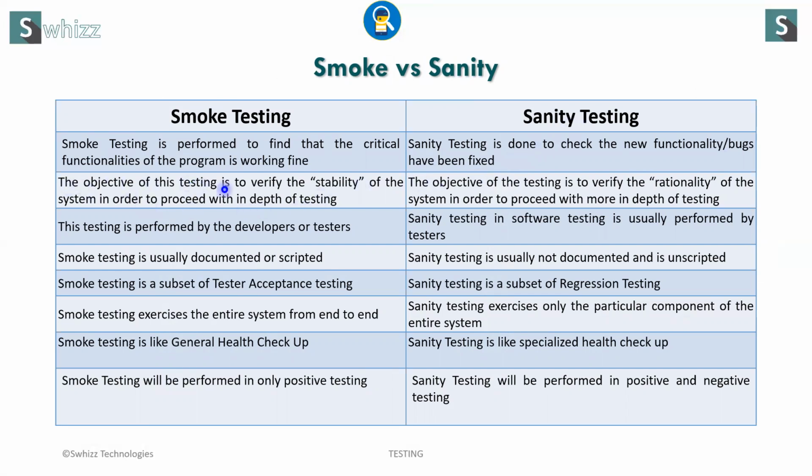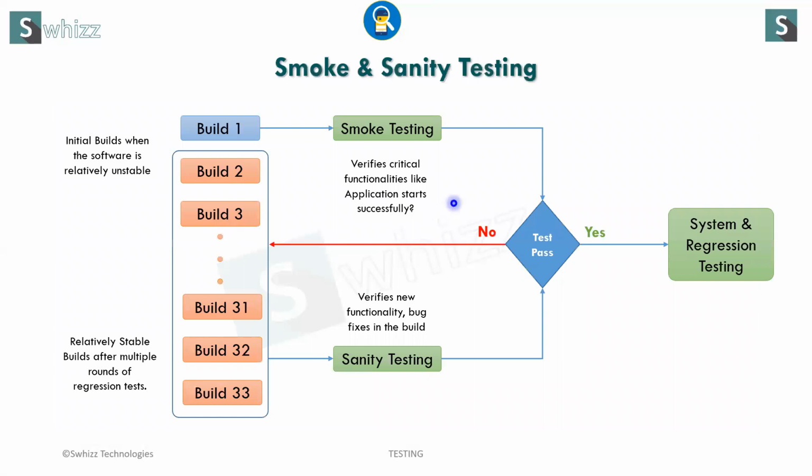The objective of smoke testing is to verify the stability of the system in order to proceed with in-depth testing. To save our time and not waste it on an unstable build, first we perform some basic, initial level testing, that is smoke testing.